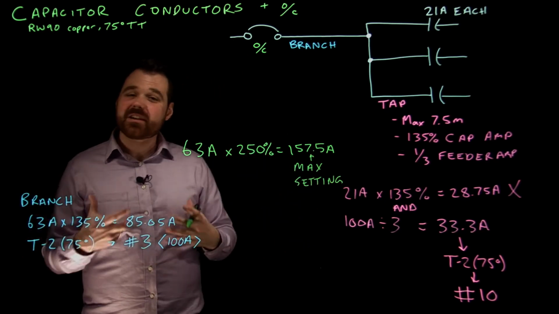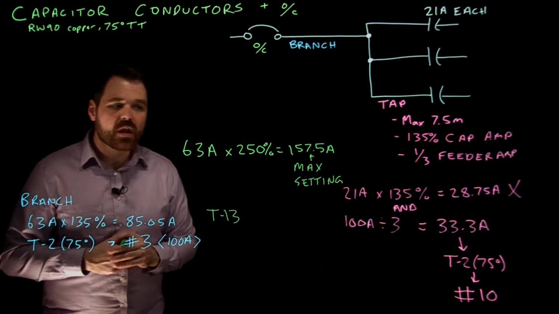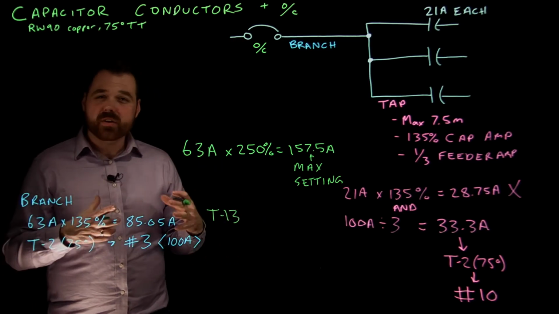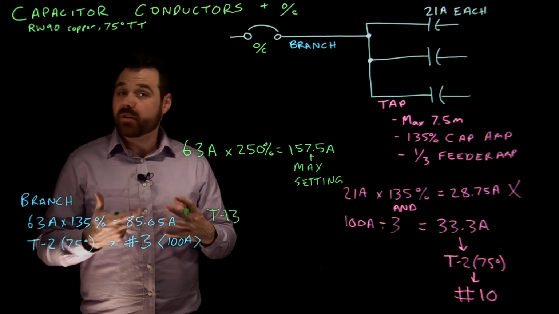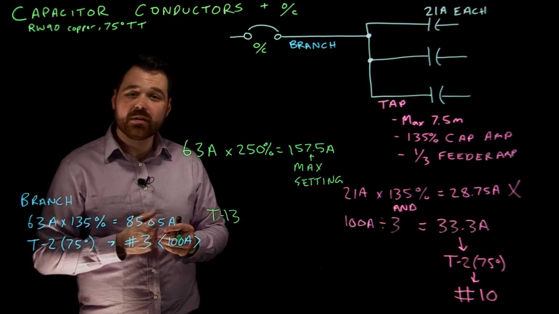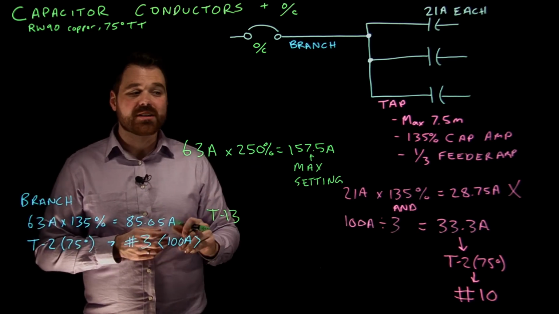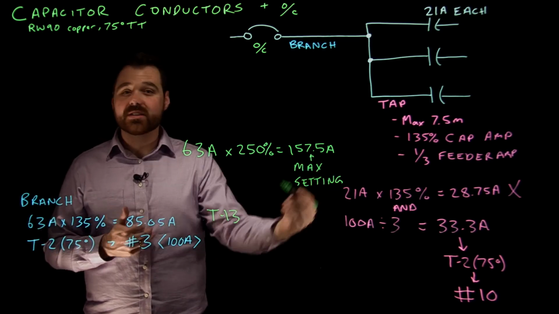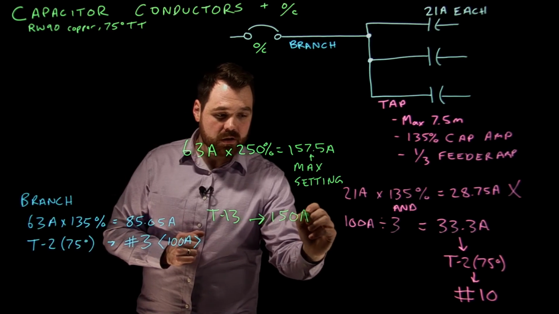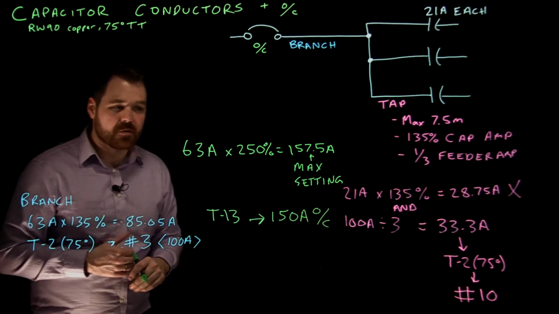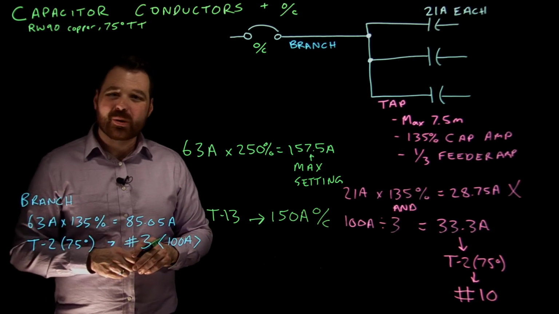If I was talking a standard overcurrent device, I would be going to Table 13, which tells me my standard overcurrent devices. In this case, a 157.5 amp breaker or fuse is not available. Because the rule says I cannot exceed 250%, I cannot choose one larger than this, which means I would end up with a 150 amp overcurrent device. That would be the largest standard rated overcurrent device that I would be allowed per code.